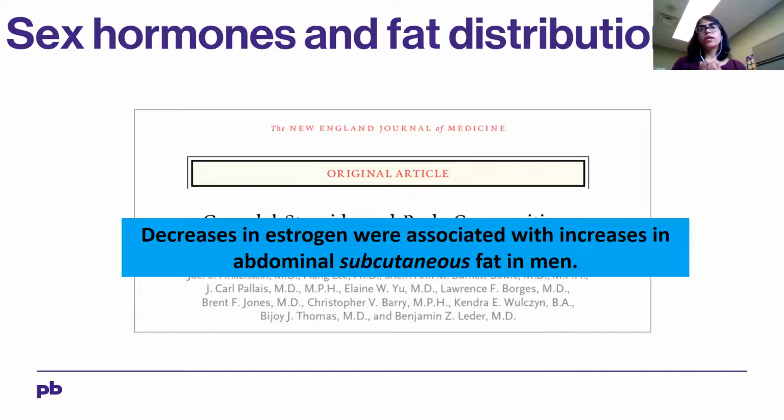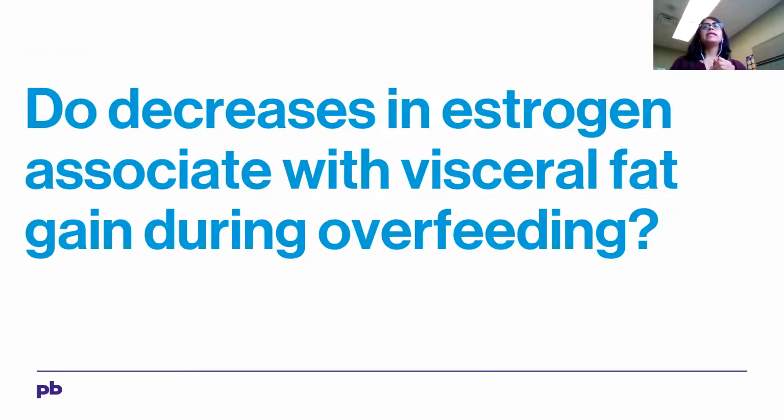So we said, okay, let's go back to our weight gain study and see if the decreases in estrogen were associated with visceral fat gain during the overfeeding. So we had to restrict this portion of the analysis only to men because we had not controlled for the menstrual cycle in the female participants in our study.